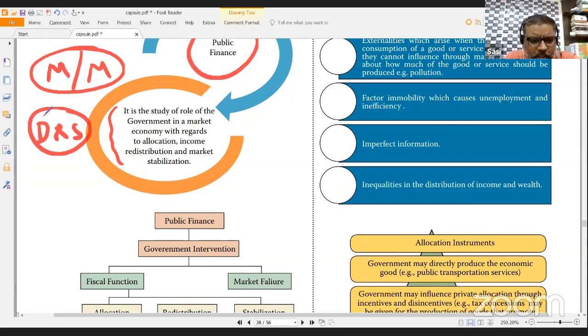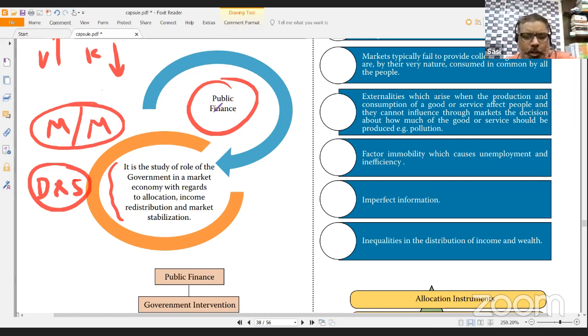And the traditional capitalist economists have always argued that government should never interfere in the market because the market is a self-correcting mechanism. It is efficient by itself. So government intervention should be minimum is the argument of pure capitalist economists for more than a century.